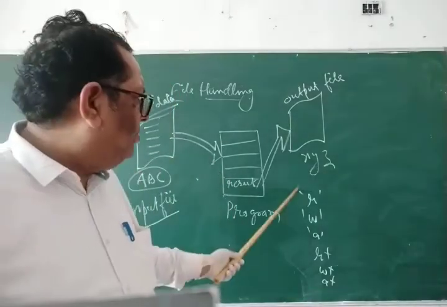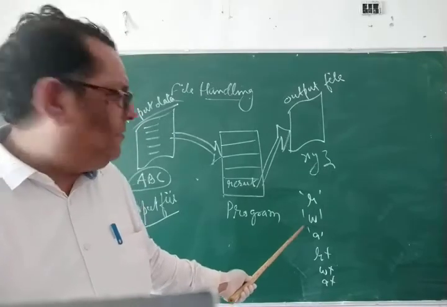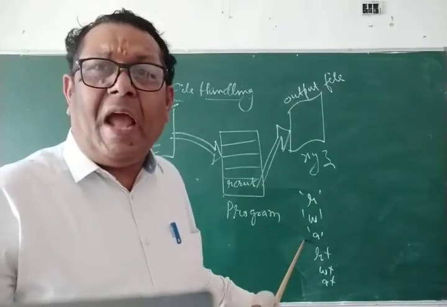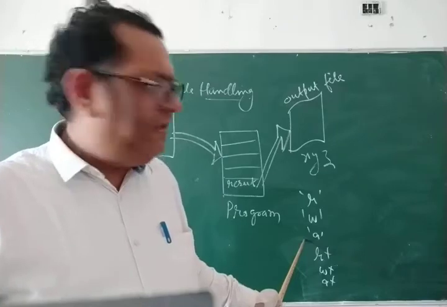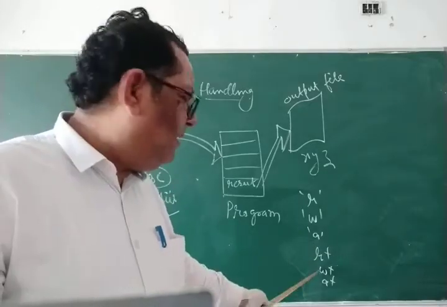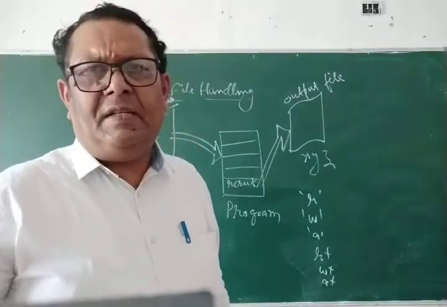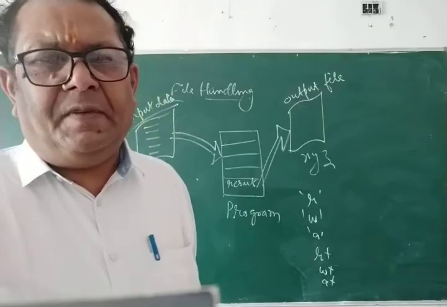You can use R mode to read a text file, W mode to write a text file, A, that is append mode, to append a text file, R plus to read and write a text file, W plus to write and read a text file, and A plus to append and read a text file.